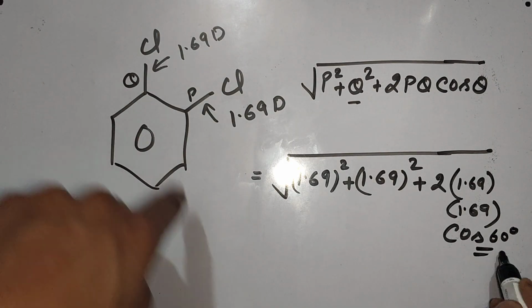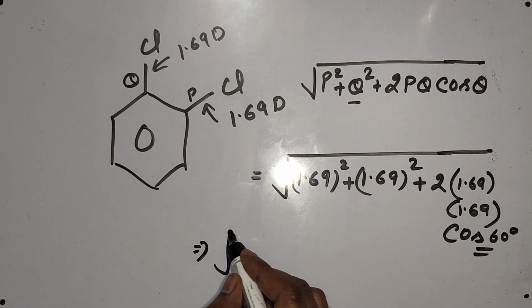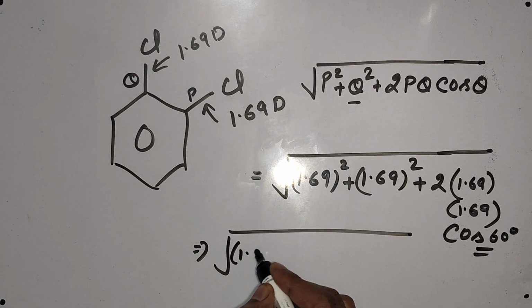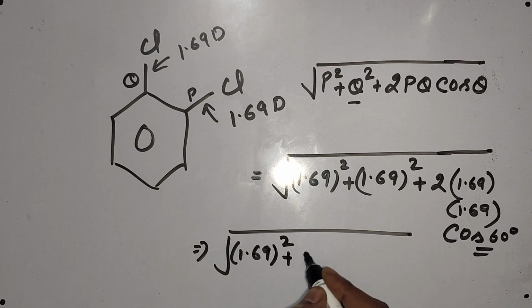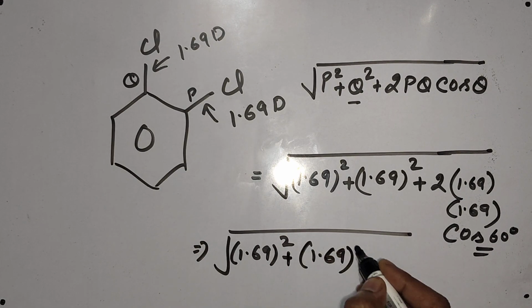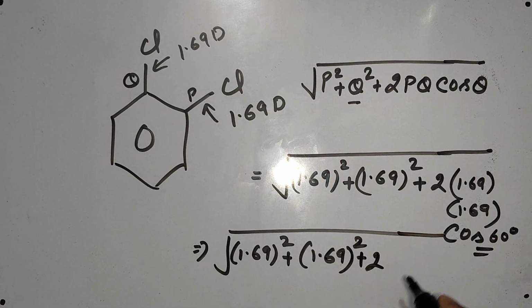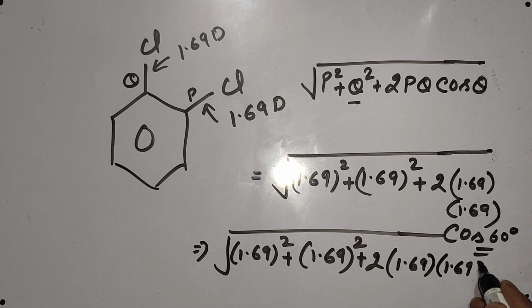So let's solve this. 1.69 square plus 1.69 square, plus 2 multiplied by 1.69 multiplied by 1.69, and the cos 60 degree value, we know it is 0.5. So in front of you I am going to solve it.